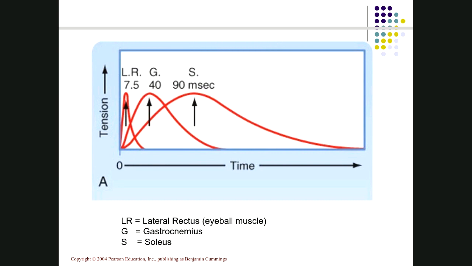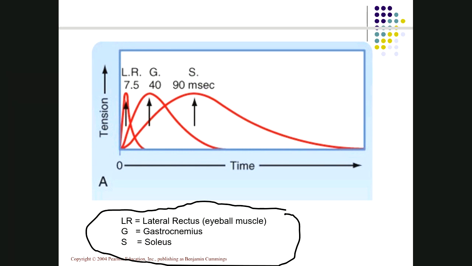And so when you look at these three muscles right here, you can see that they have different abilities. This is one of those eyeball muscles, and you can move your eyeballs around really, really fast. But if you flick your eyeballs back and forth, back and forth, it's going to get tired very quickly.